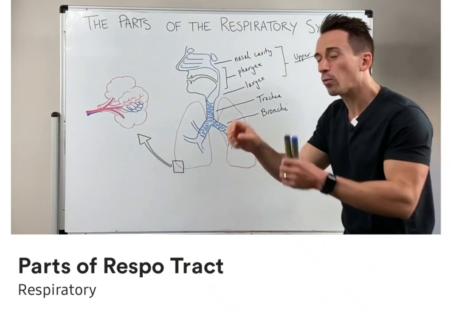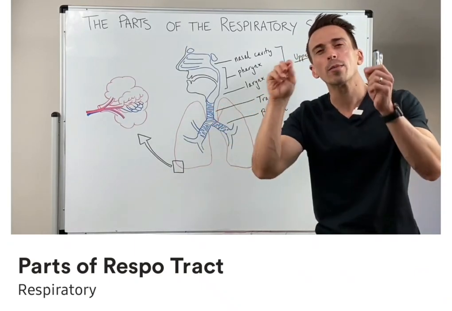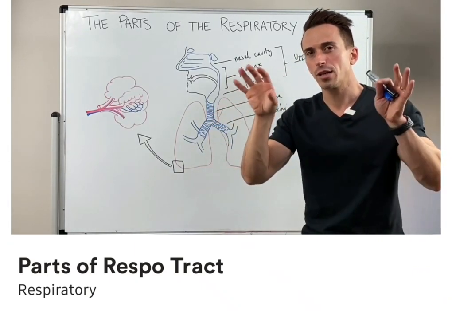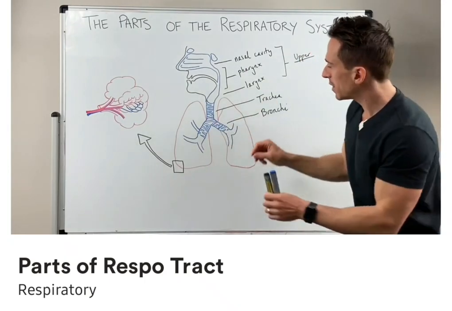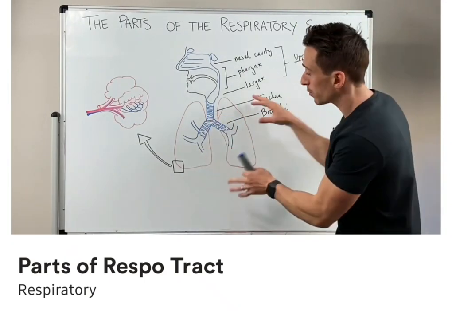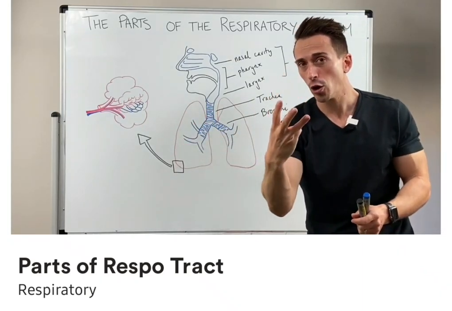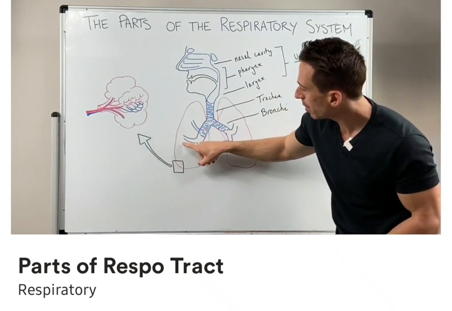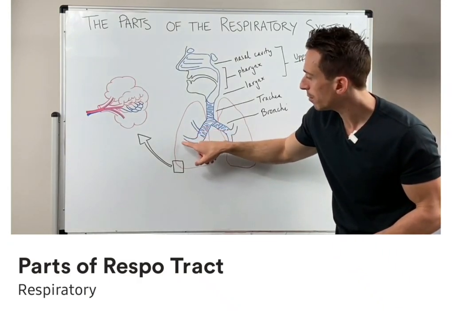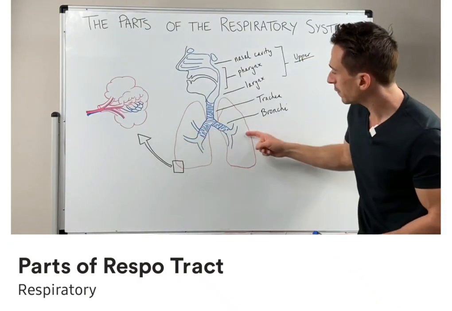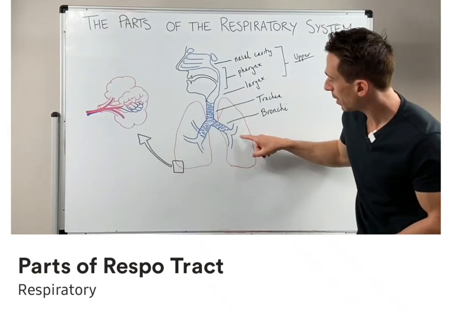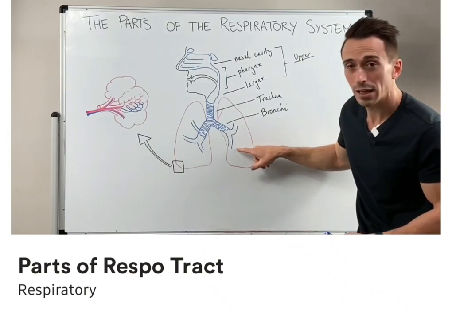Now these bronchi will continue to branch, and they branch around about 23 different times. And what you'll find is that these various branchings result in, on the right hand side, 3 lobes of the lungs: upper, middle, lower, or superior, middle, inferior. And on the left side, 2 lobes: upper, lower, superior, inferior.